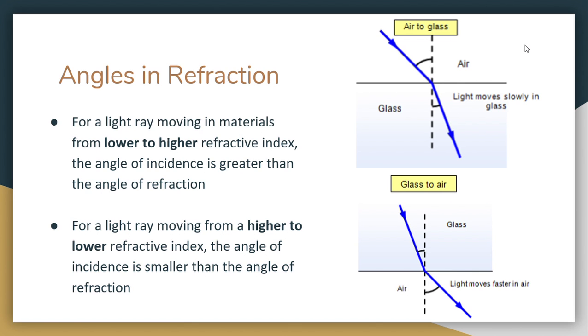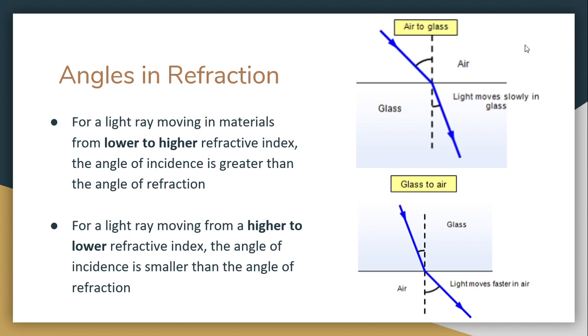So what is happening here is that if the angle of refraction is smaller than the angle of incidence, the light ray is moving closer to the normal. But if the angle of incidence is smaller than the angle of refraction, then the light ray is moving away from the normal.